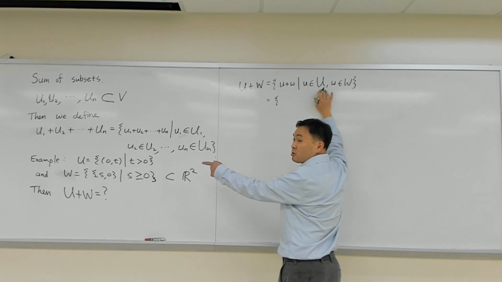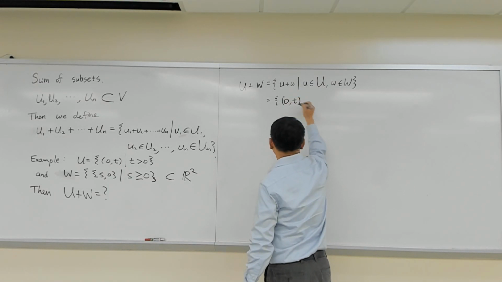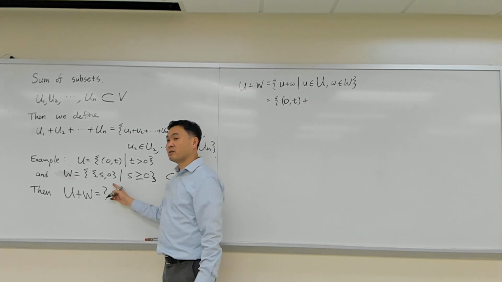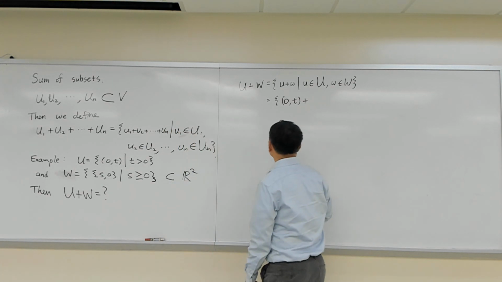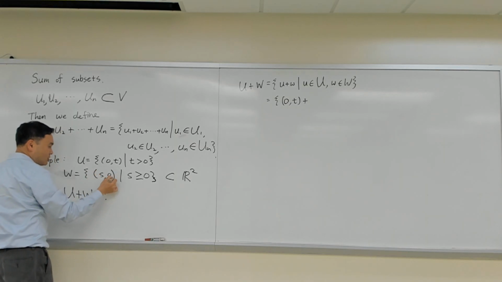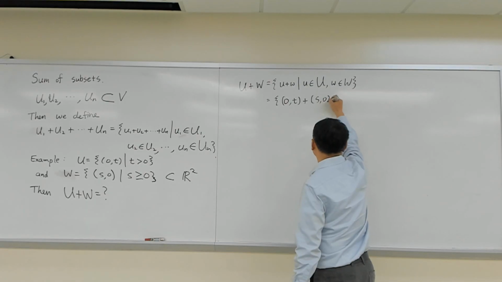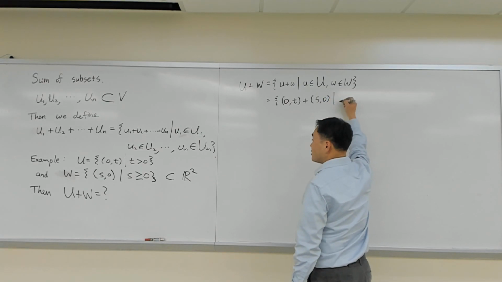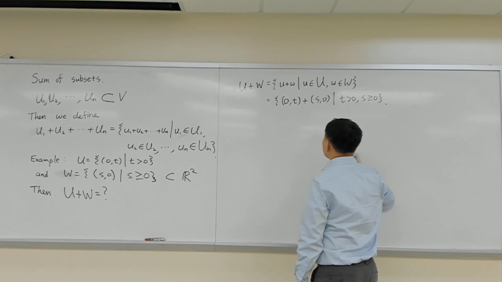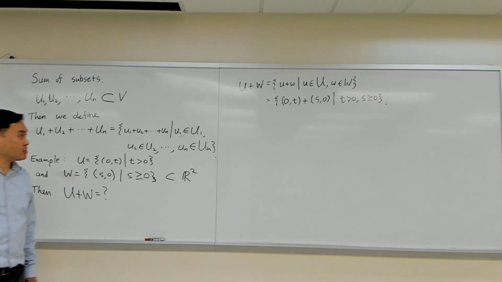It has to look like (0, t), right? What does it mean to be in W? It's (s, 0), where t has to be strictly positive and s has to be 0 or positive. That's it. Now, graphically, let's see what this means.